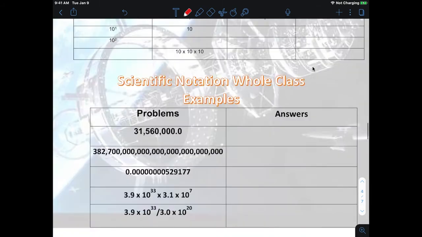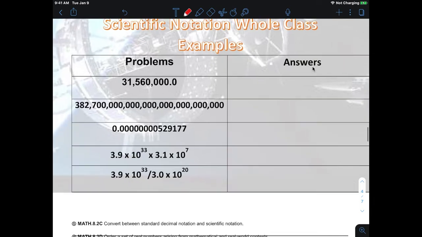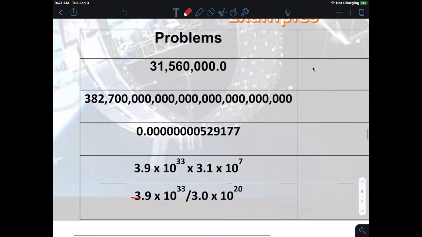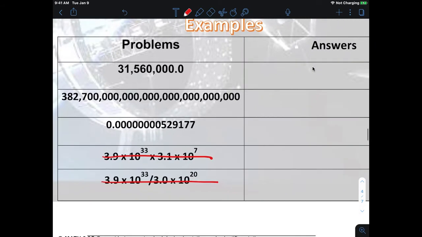So we're going to skip over this page, but let's take a look at some of these example problems. We're just going to take a look at these first three. Here they're asking us to change these to scientific notation. I see a really big number, and a small number. First thing I can do is write up my scientific notation setup.